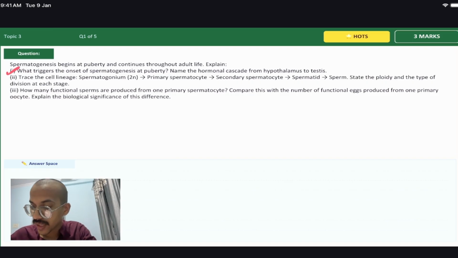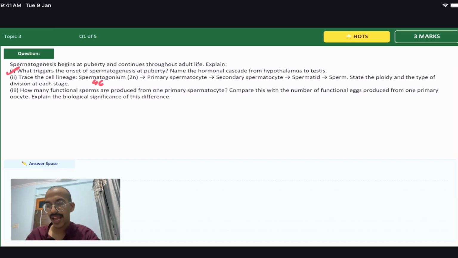Okay, that graph. Then the second is to trace the cell lineage: spermatogonia, primary spermatocyte, secondary spermatocyte, spermatid, sperm. State the ploidy and the type of division at each stage. So ploidy at spermatogonia is 2n, that is basically 46 chromosomes.